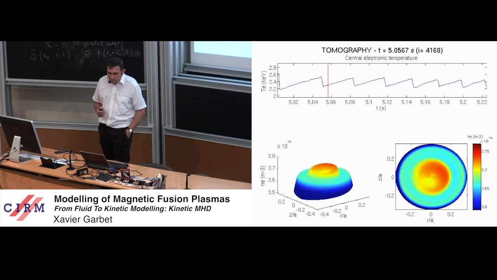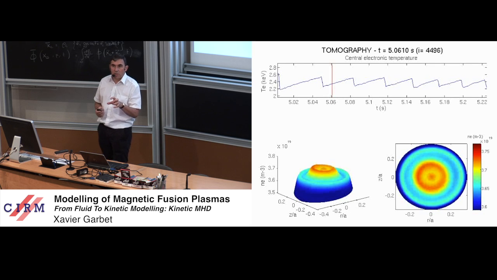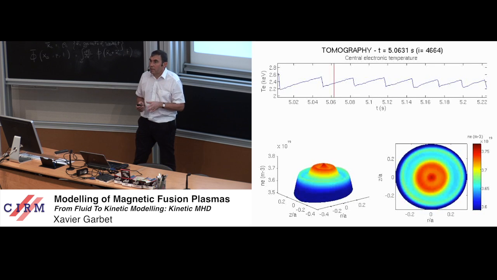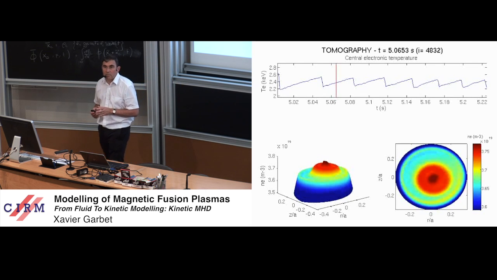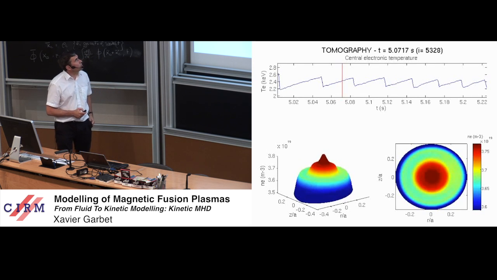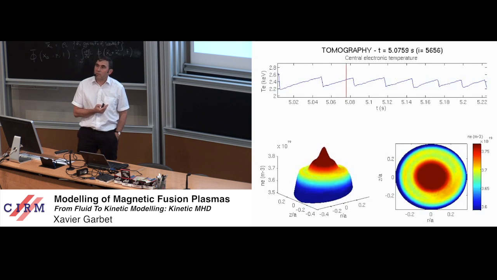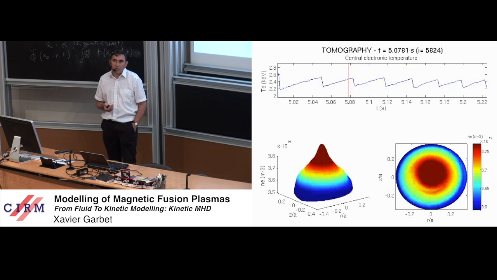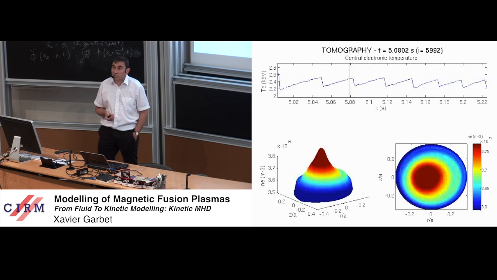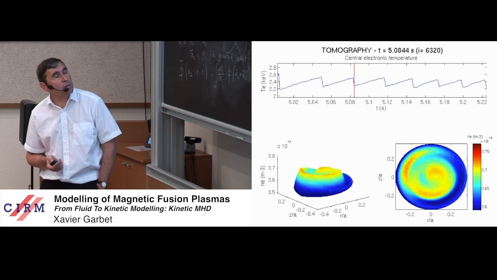So basically, this reconnection, this reorganization of the magnetic topology, is taking place over a very short time scale, typically 100 microseconds or something like that. Then there is a recovery time, which is much longer, it can be 100 milliseconds or something like that. So this is essentially a relaxation oscillation, the best example being the Van der Pol oscillator.